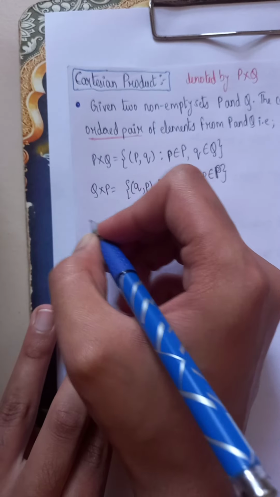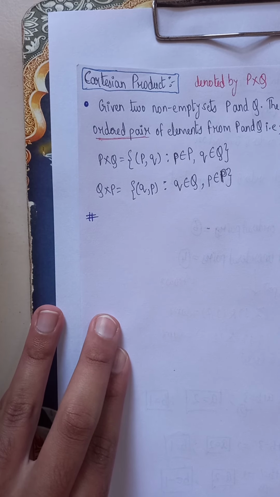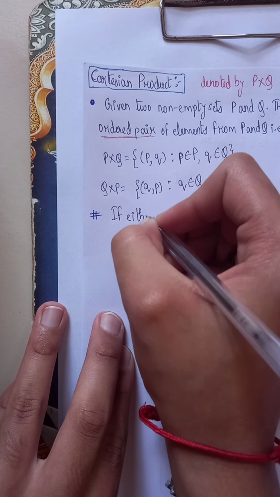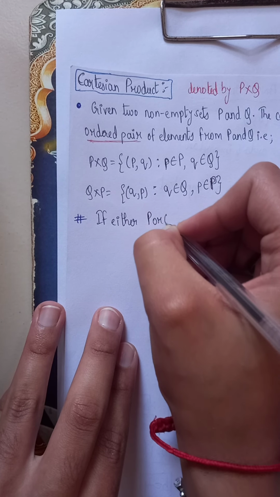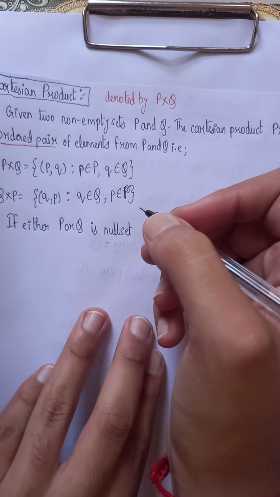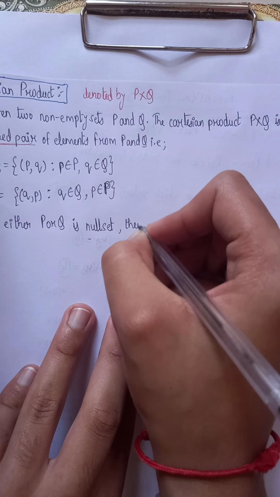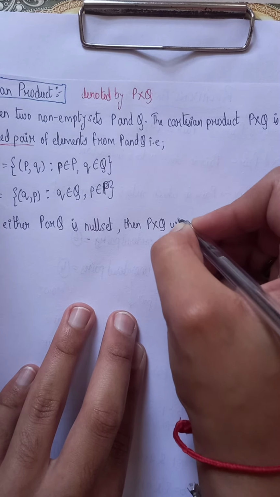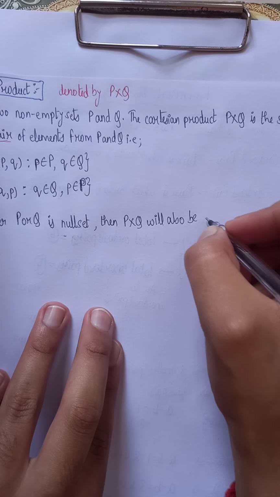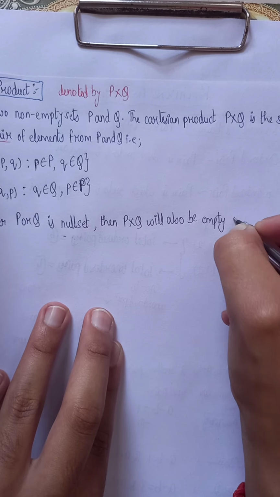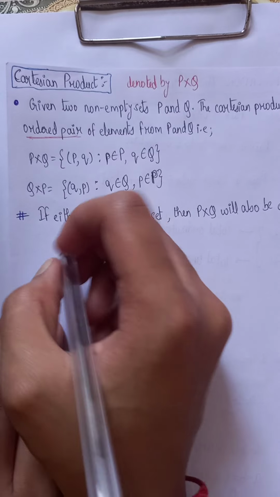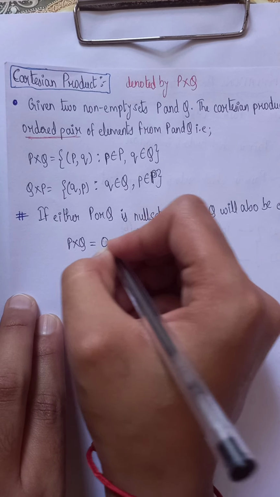Okay, so let's write one more point. Next point under Cartesian product, like a note: if either P or Q is the null set, then P cross Q will also be the empty set, that is, P cross Q will also be equal to the empty set.